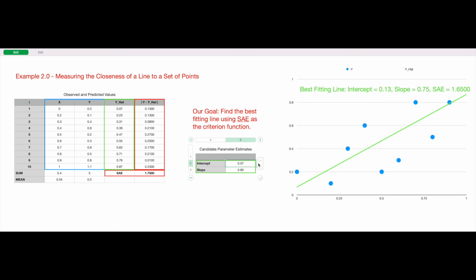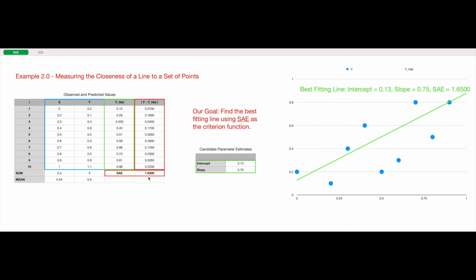All right, and likewise, let me adjust this back to the proper values for this criterion. Okay, so now we're back to the minimum SAE line with an intercept of 0.13 and a slope of 0.75.